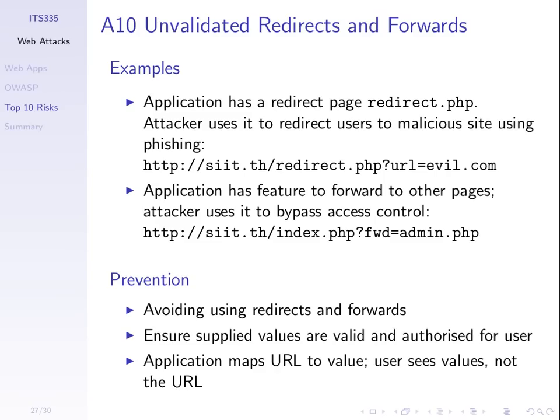Another way is to have the application maintain some mapping. Instead of having a URL or an absolute link here, in the URL we include some, say, random value that maps back to the actual page URL.